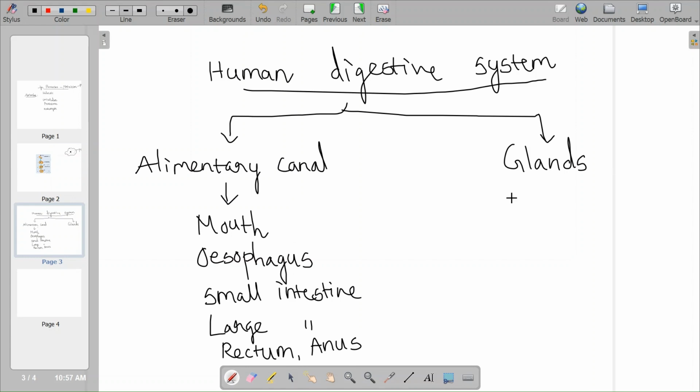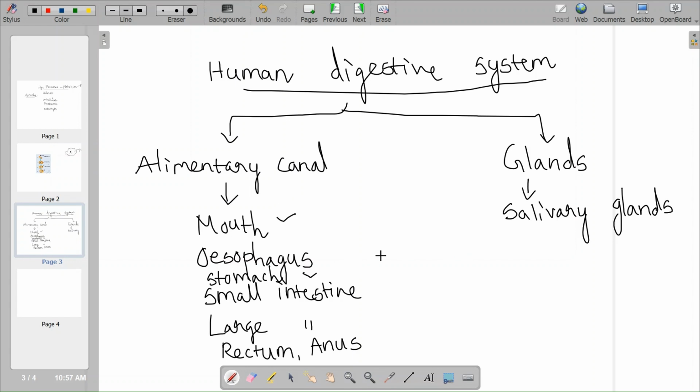Glands include, in our mouth, the salivary glands. The parts include the stomach as well. So mouth, esophagus, stomach, small intestine, large intestine, and rectum. In the mouth we have the salivary glands.